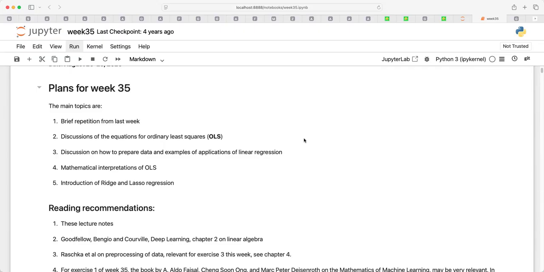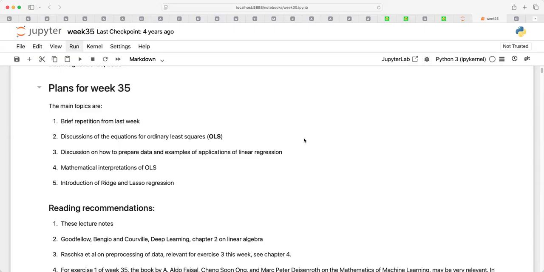and how we are going to actually implement the standard ordinary least squares method. And then when we're done with that, we are going to bring in some of the mathematical interpretations, which is also something which we find important, because then you have a deeper feeling of what is actually going on. And ordinary least squares works well if you can invert that matrix which we discussed last week. If you cannot do that, then there are ways to circumvent the problem.